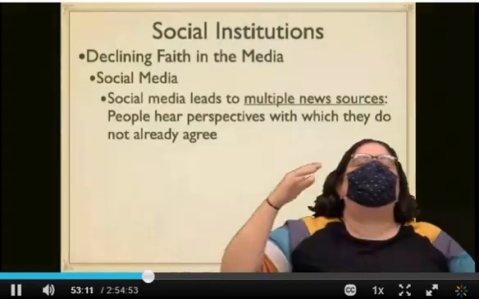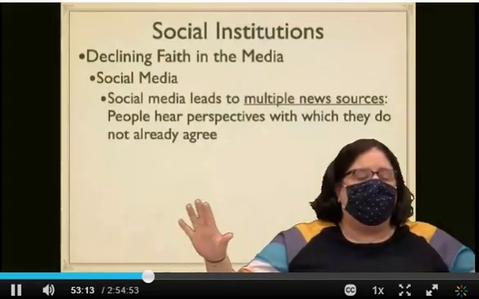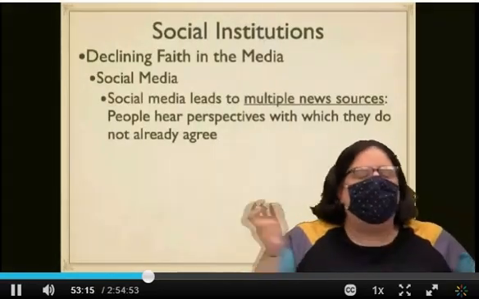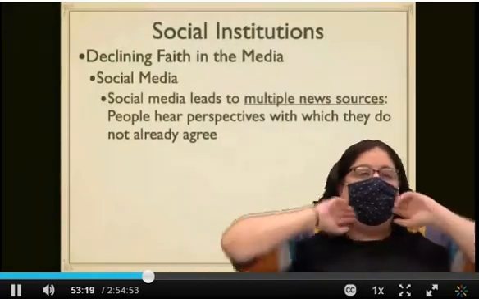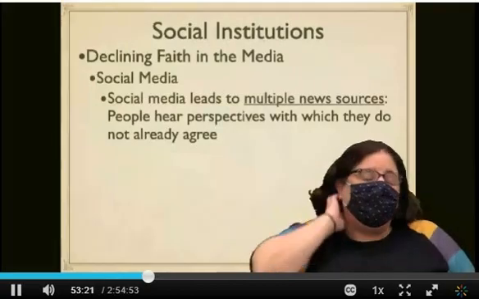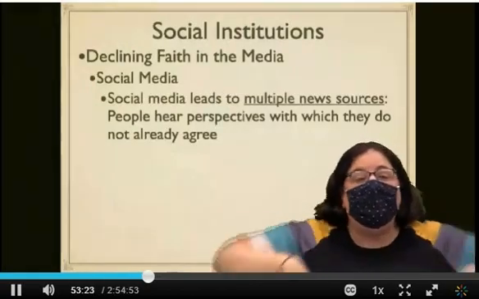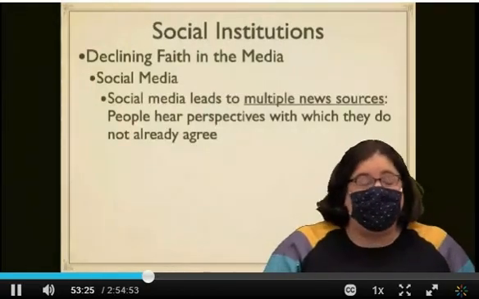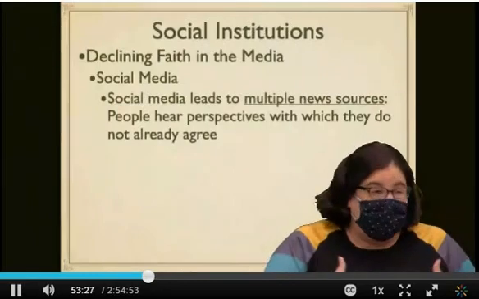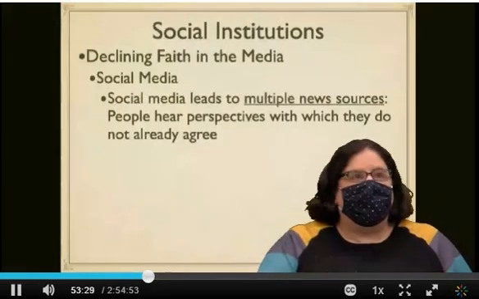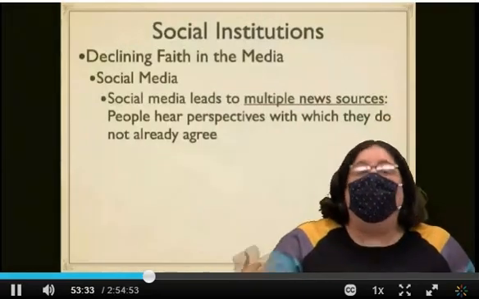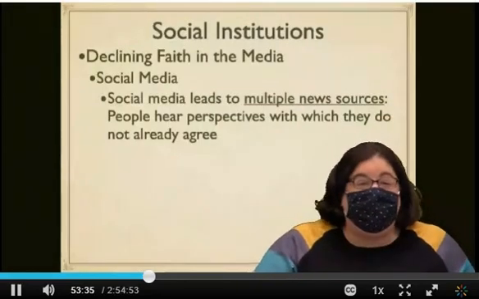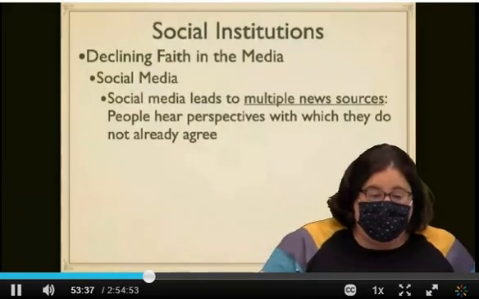You can certainly mute those other sources on things like Facebook or Twitter. You can unfollow or not follow things you don't want to. But in general, social media does expose people to more perspectives than if they just sat at home. Well, they're still sitting at home, but if they weren't on social media, by going on social media you are more likely to hear a perspective that you don't already agree with.